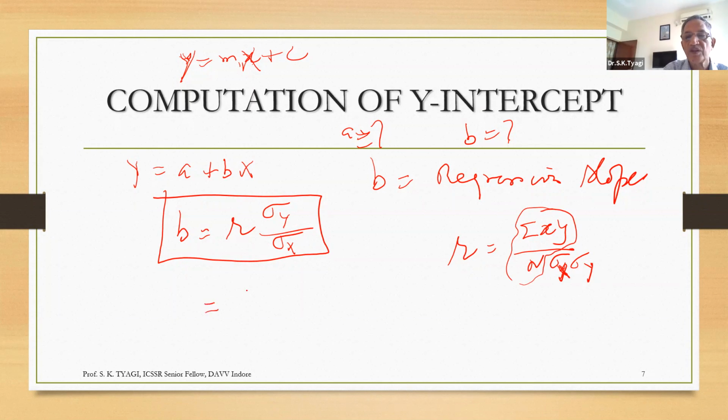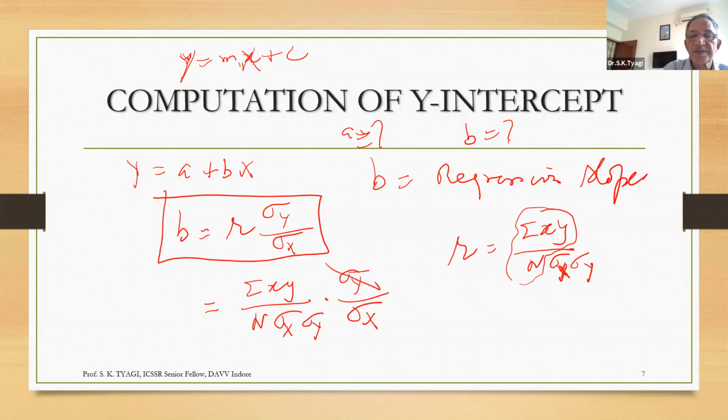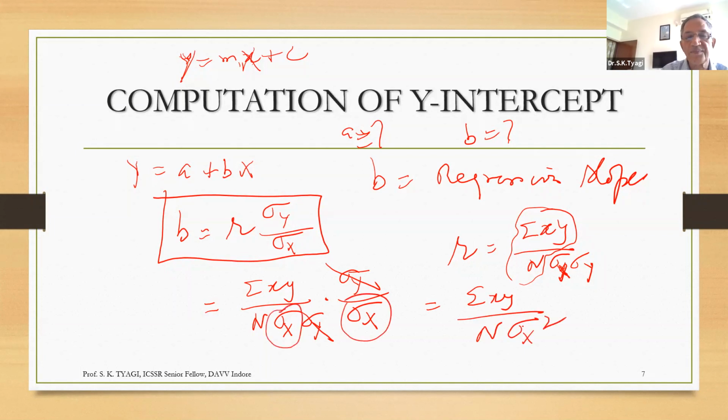So b is sigma xy upon n sigma x sigma y multiplied by sigma y upon sigma x. So this sigma y and sigma y cancel, and this comes out to be sigma xy upon n sigma x square.